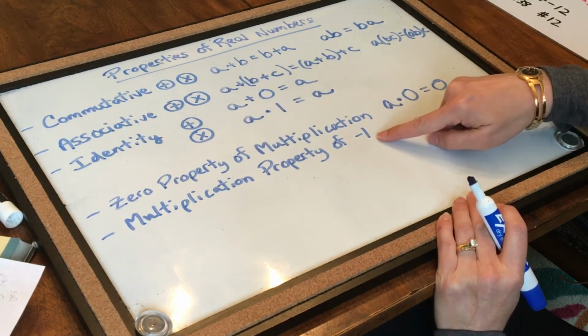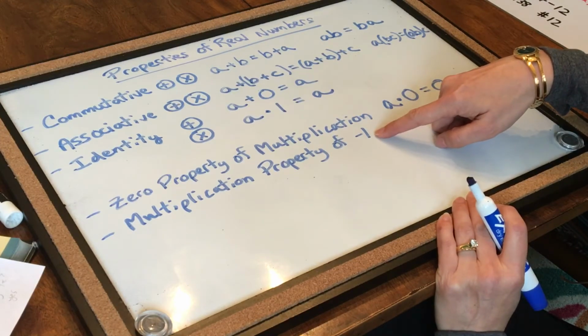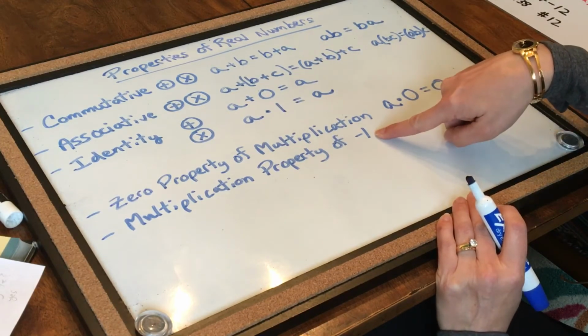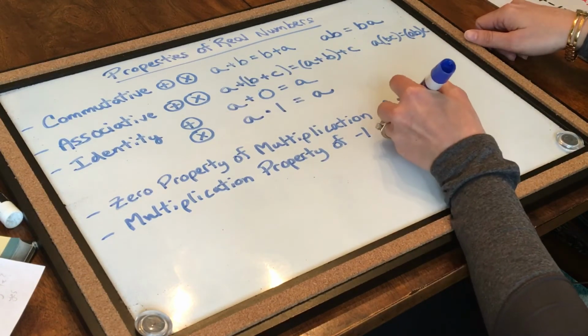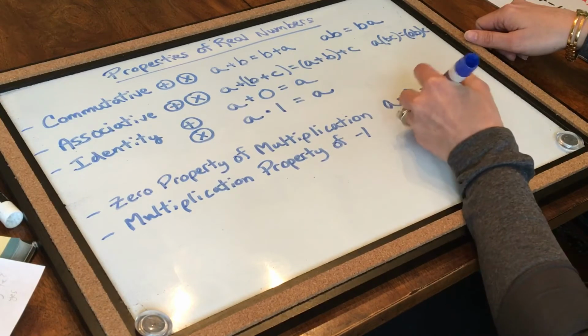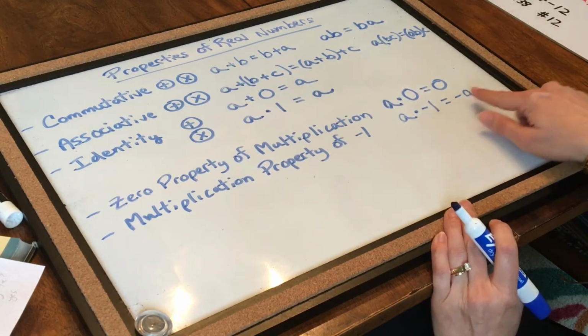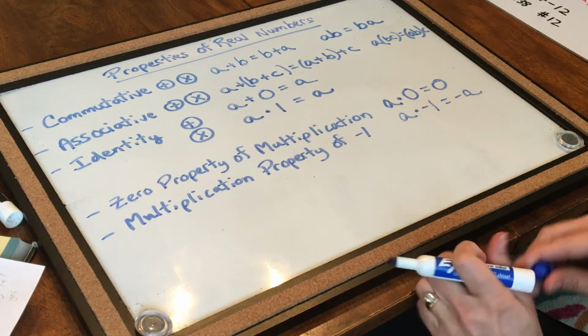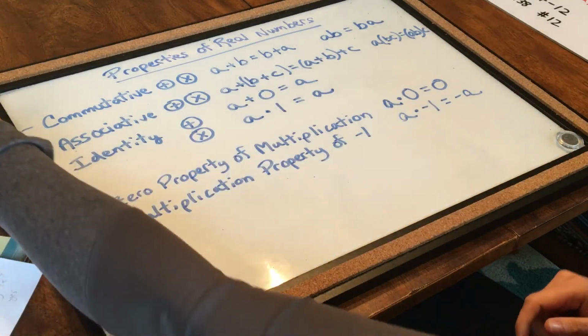And then the multiplication property of -1 says that any number you multiply by -1 will be the negative version of that number. So if I was going to take A times -1, that would equal negative A. Okay, it's changing the sign of that number. All right, those are the properties, and that's it.